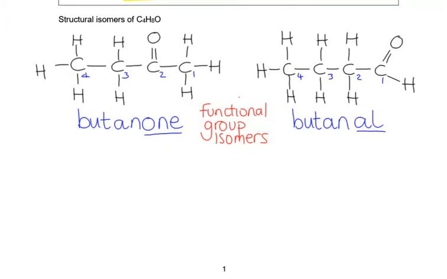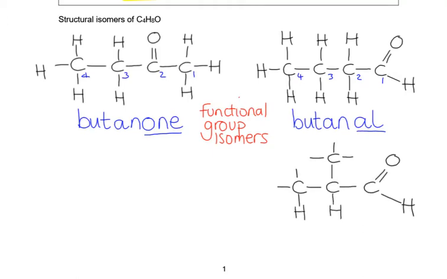You could have also drawn out a chain isomer of butanal. A chain isomer of butanal would have a different chain length, so instead of having 4, it's still an aldehyde, but now it has 3 in its chain, and the 4th carbon is positioned in as a substituent to that chain.